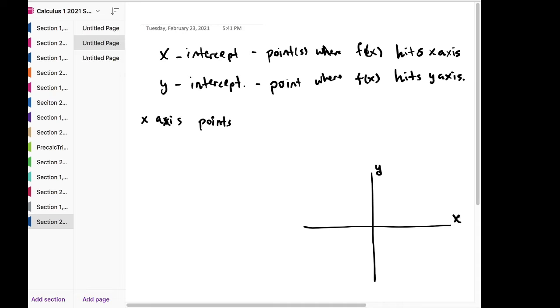Right, the y value is 0. So everything on the x-axis has the form (a, 0). Similarly, everything on the y-axis is (0, b). So all points where x is 0.